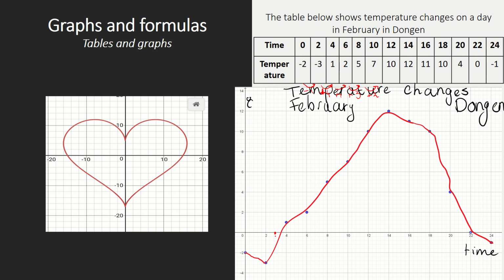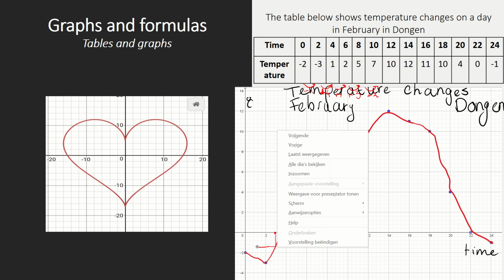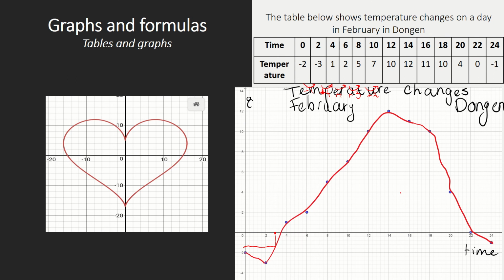If I go down, and then you need to use a protractor, we see over here, if we go that way, that it is approximately -1.5. So this is how you can read information from graphs and from formulas.